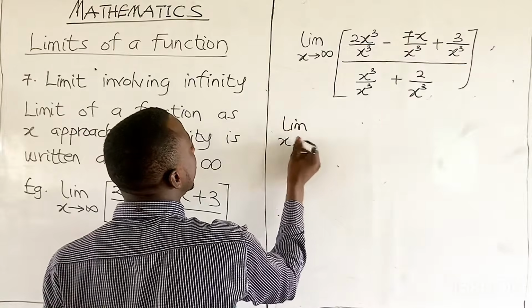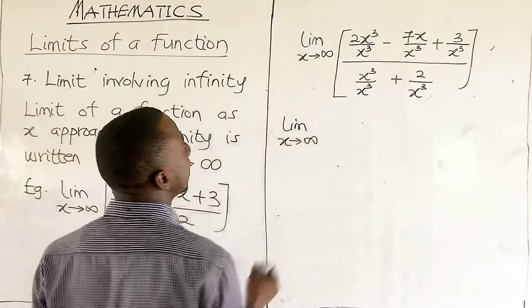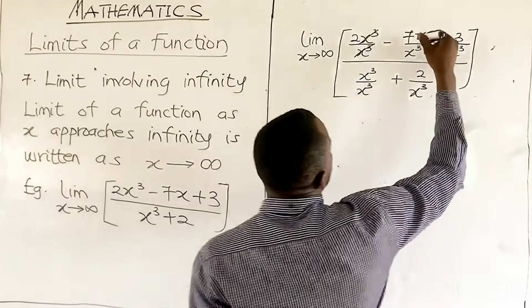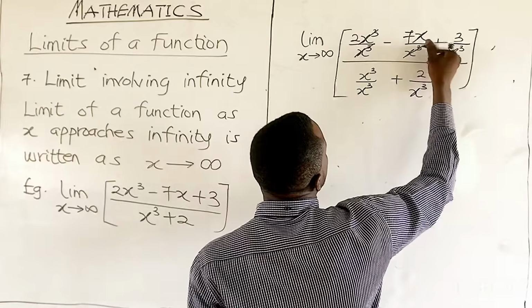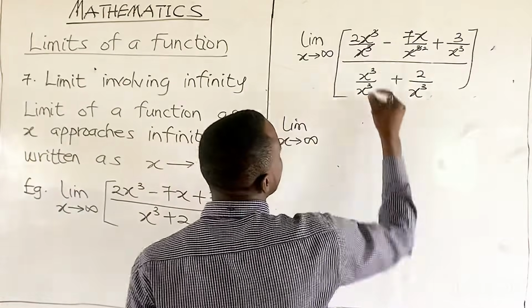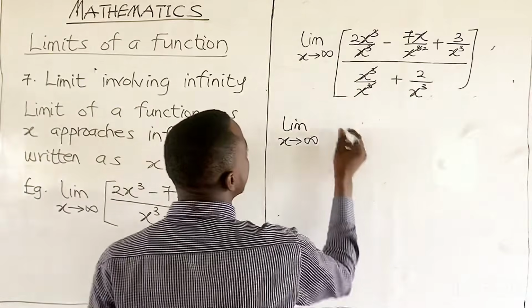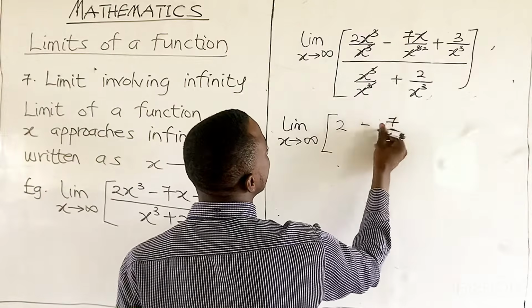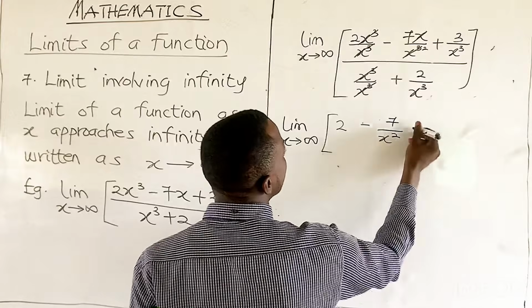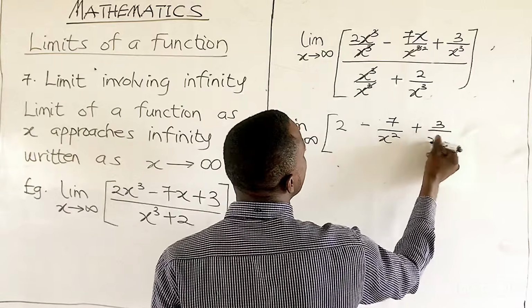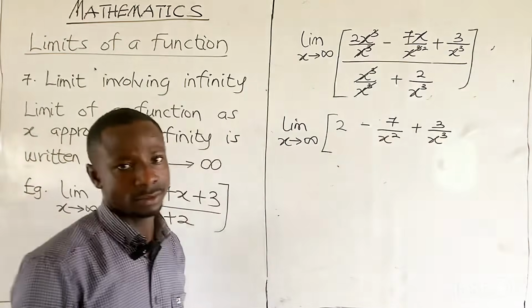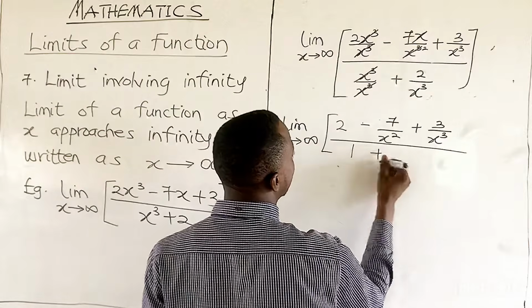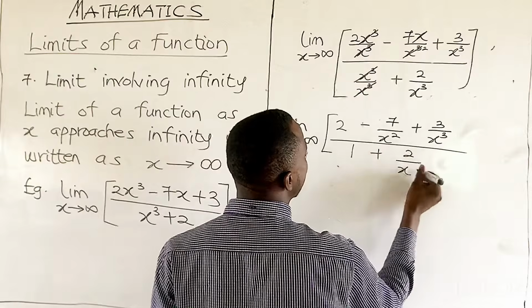Now from here we can break it down. This cancels this, and one of these can reduce one of these, leaving x squared. So at the end of the day, we have 2 minus 7 over x squared plus 3 over x cubed, all over 1 plus 2 over x cubed.